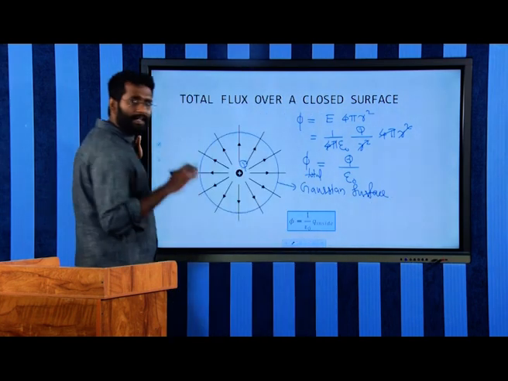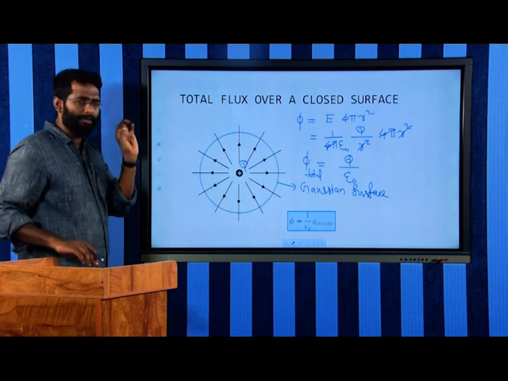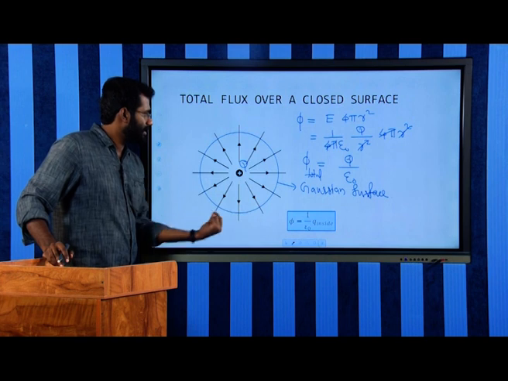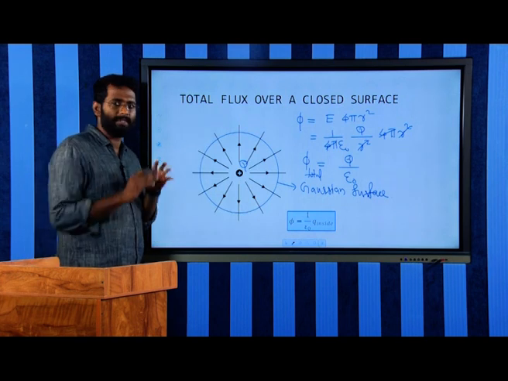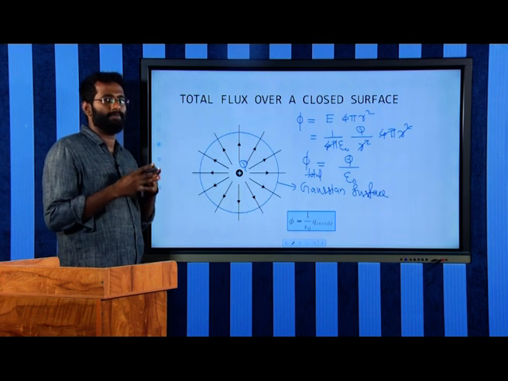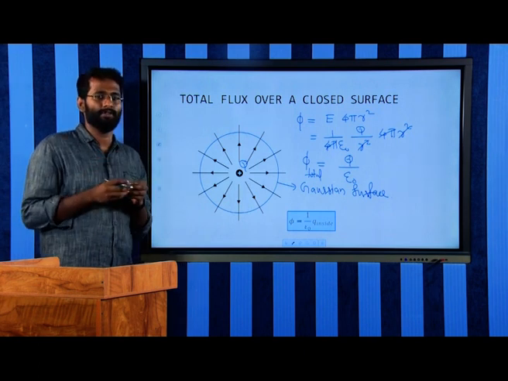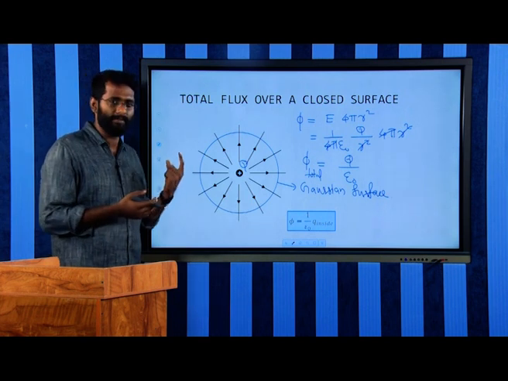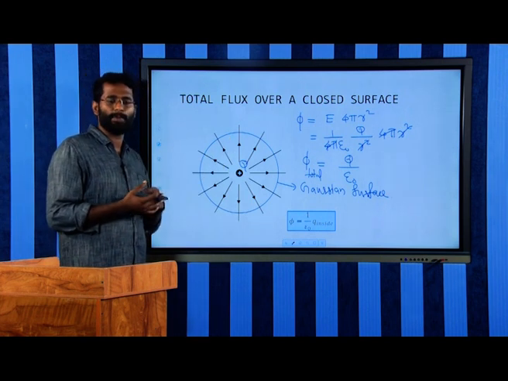So simply it means a closed surface, but we have to use some trick to choose a particular surface. In principle we can use any surface, but for practical purposes we have to exploit what we call symmetry. Here we have chosen particularly a sphere. Why?